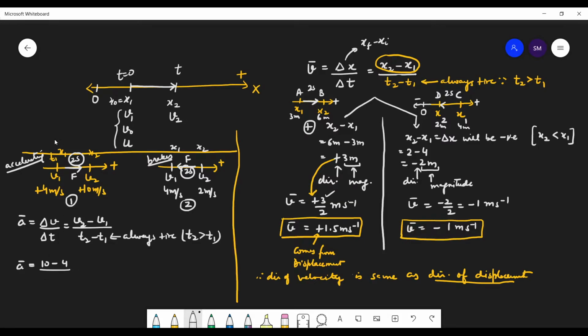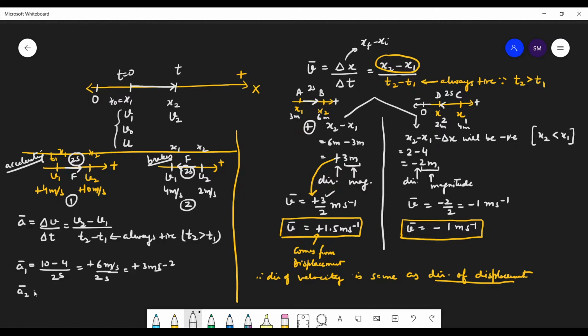So the acceleration comes out to be 6 meter per second upon 2 seconds. That's the change in velocity, so velocity changes to 10 from 4, and that's plus 3 meter per second square. So that was the average acceleration in the first case.